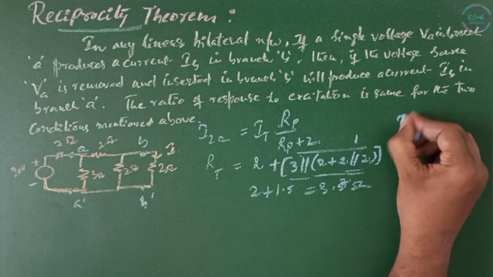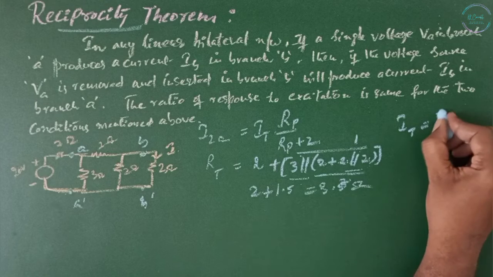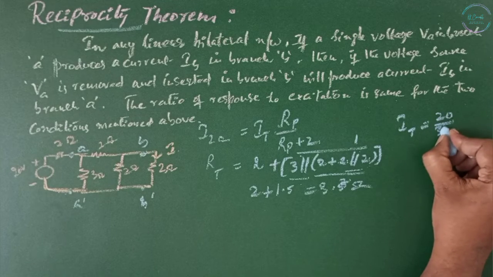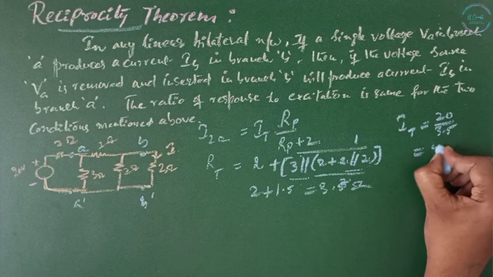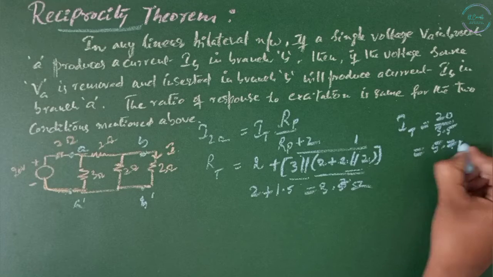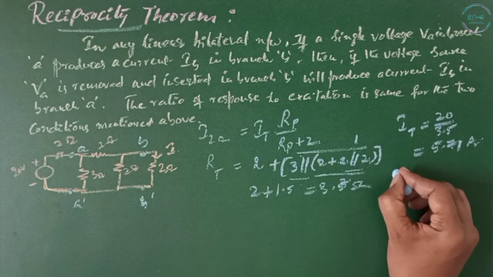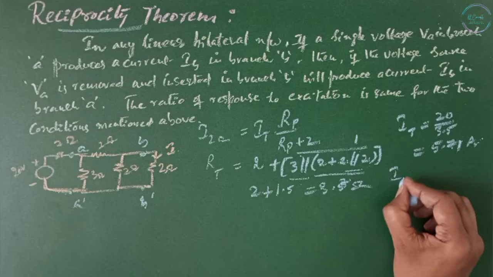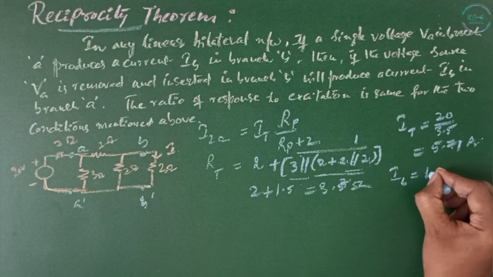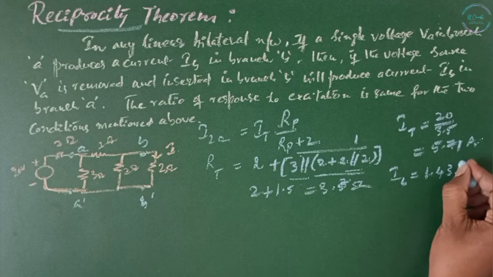Now the total current IT is 20 volts divided by 3.5, which is 5.71 amps. Now the current through branch B, if you find it, is 1.43 amps.